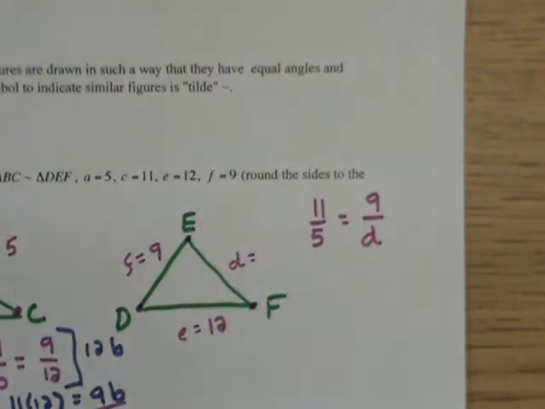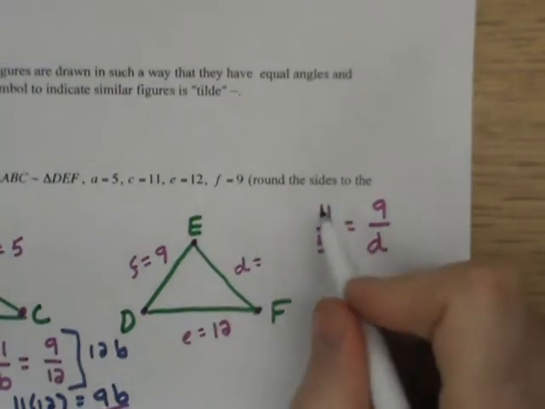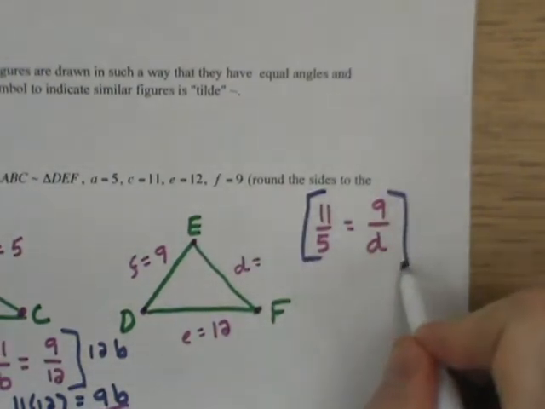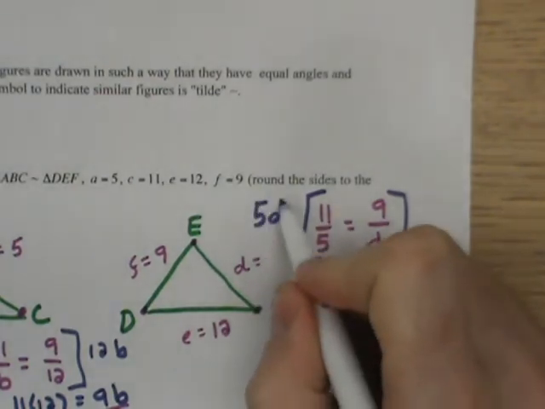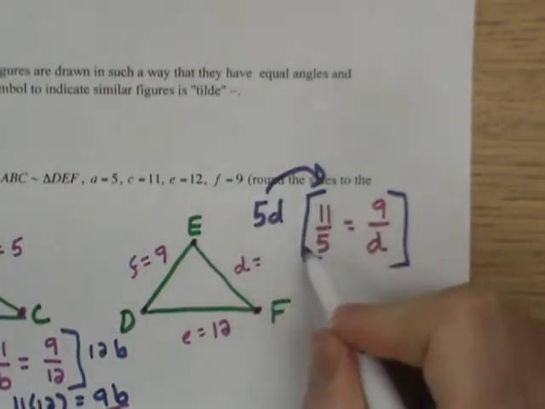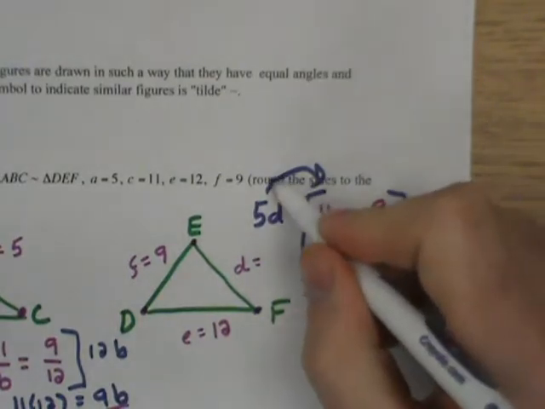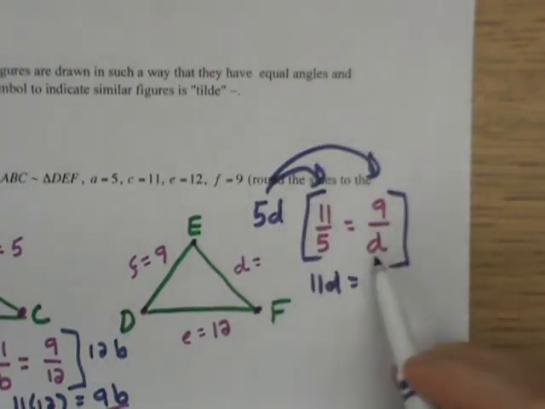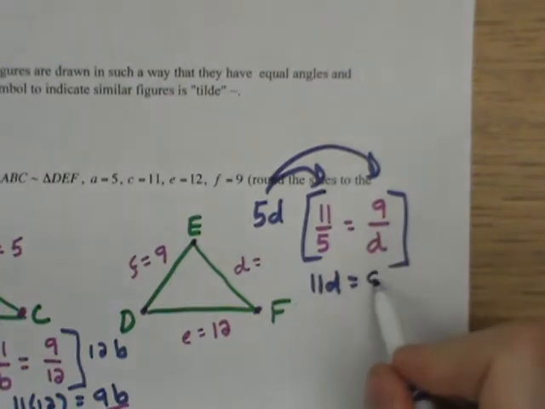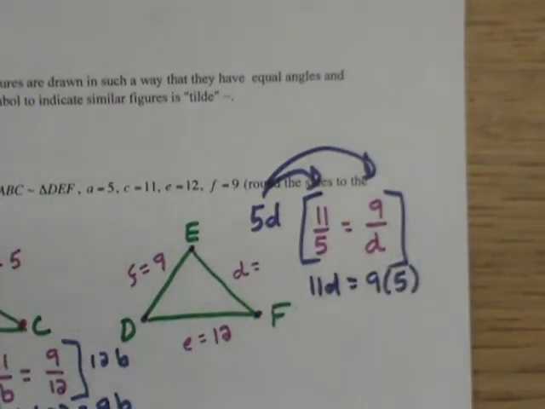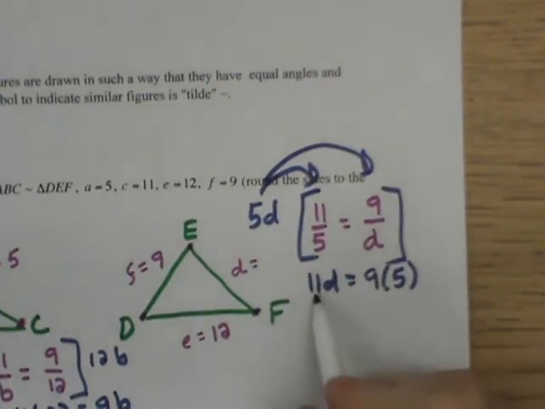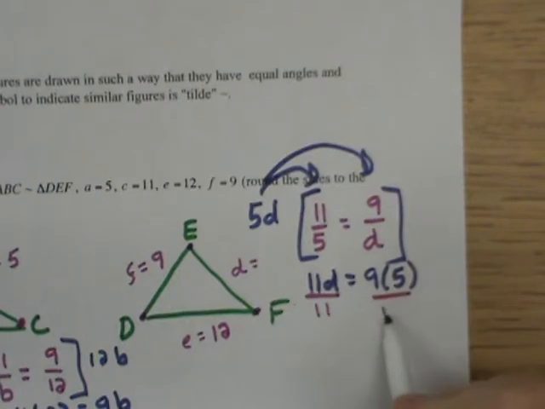Again, as I work this out, I would multiply by the common denominator. Common in this case would be both 5 and d. As I distribute, the 5's would cancel out, so this would be 11d equaling, I distribute to the second fraction, this time the d's drop out, 9 times 5. Yes, I know 9 times 5 is 45, but I'm going to let the calculator do all the work. My next step is to get the variable by itself, so I simply divide by 11.